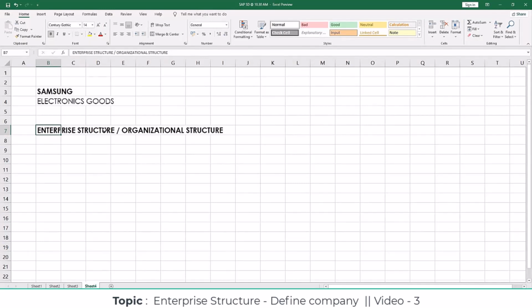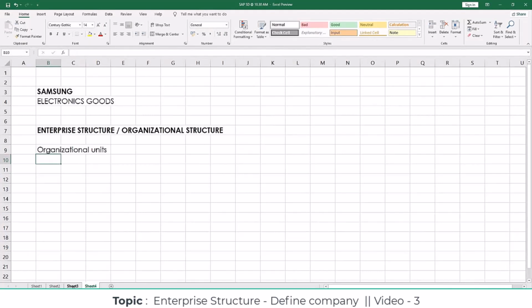Otherwise, we don't record any day-to-day transactions. So the company organization structure needs to be configured, and it is based on multiple organizational units.